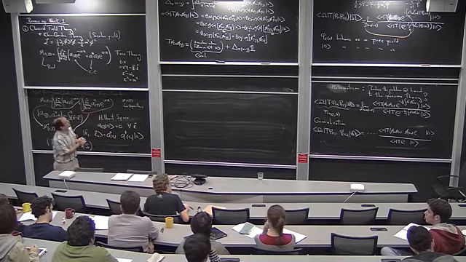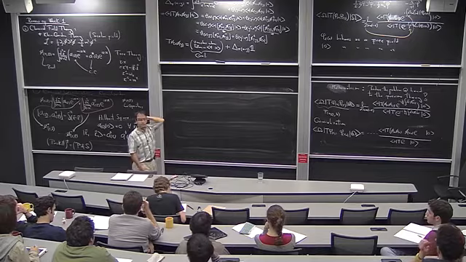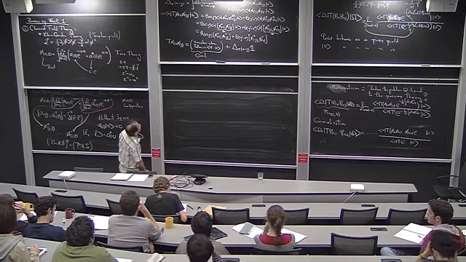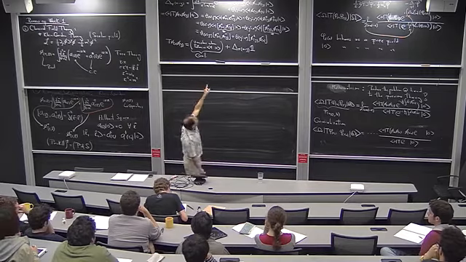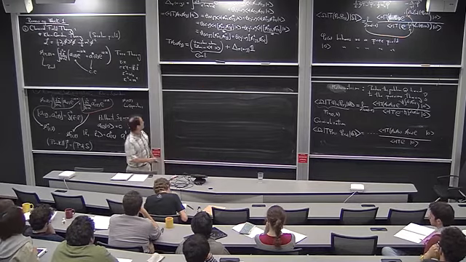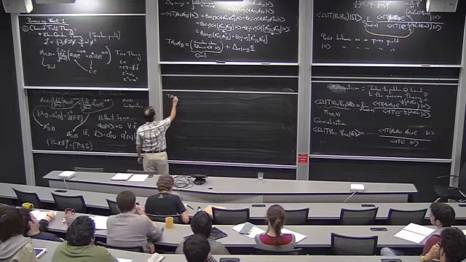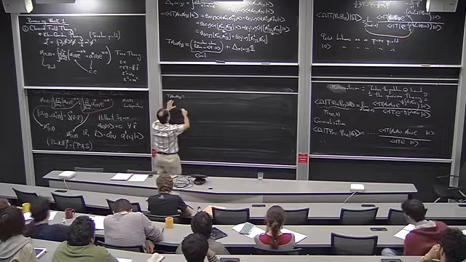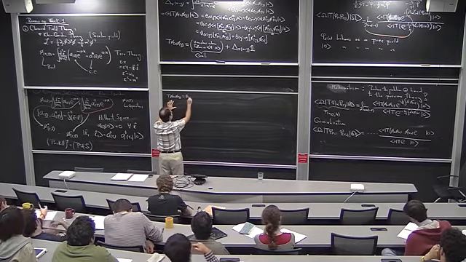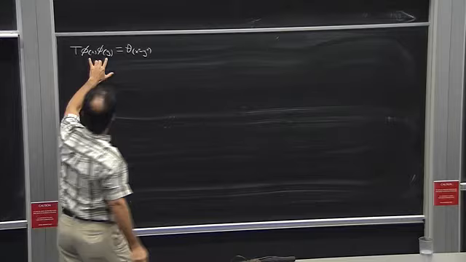Now the time has come to actually find out what this is. Okay? Let's do it. To find the term in parentheses, well, how do we do it? Well, there is only one way to do it, which is to work this out explicitly. So you have this.